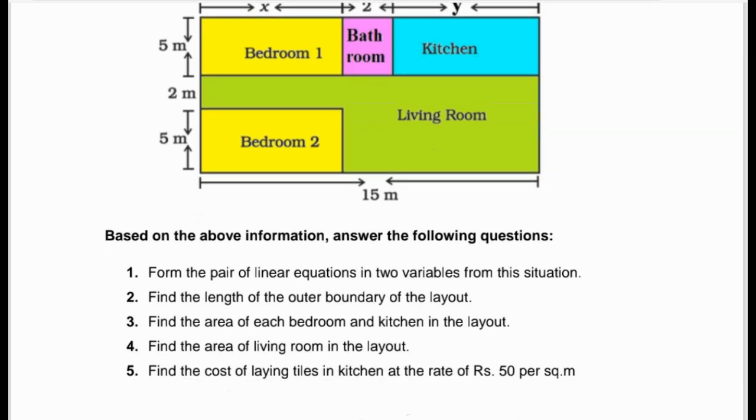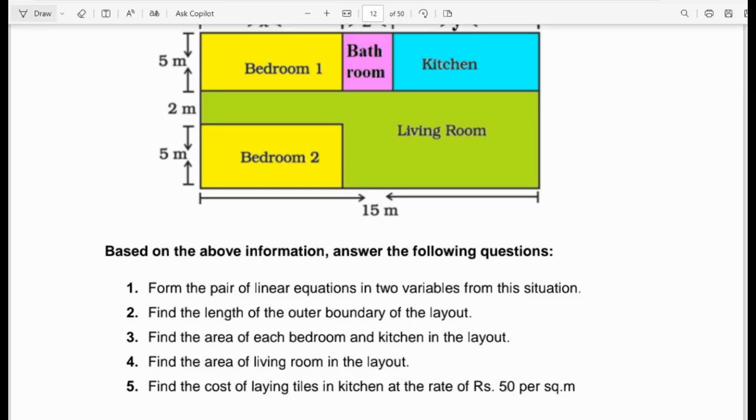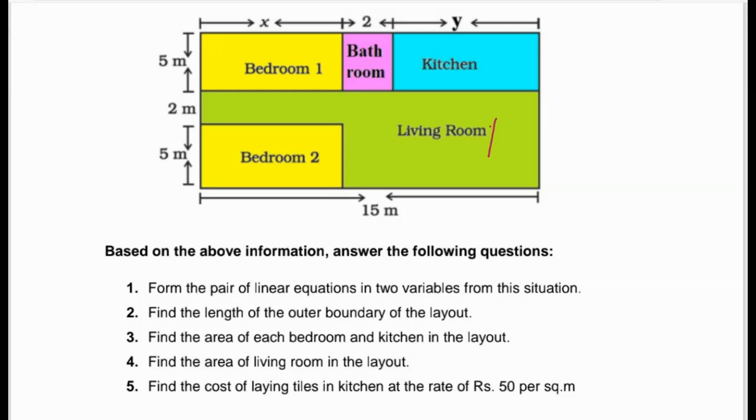Okay, so now we will take the first one. Form the pair of linear equations in two variables from the situation. So here we have area of two bedrooms.